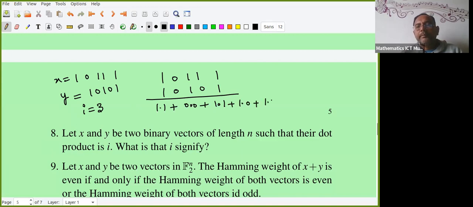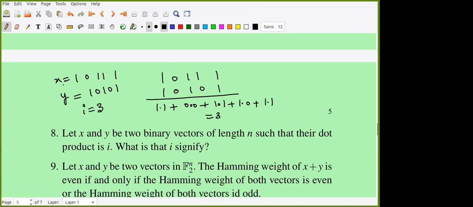Yes, tell me why it is 3. What is this 3 telling? Which ones are contributing? Rutuja, can you tell me? Yes, sir.